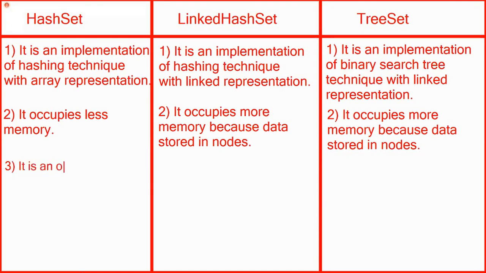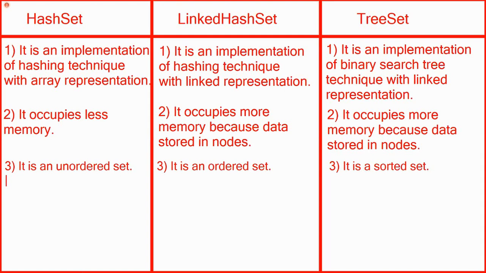Again: hash set is an unordered set, linked hash set is an ordered set, tree set is a sorted set.